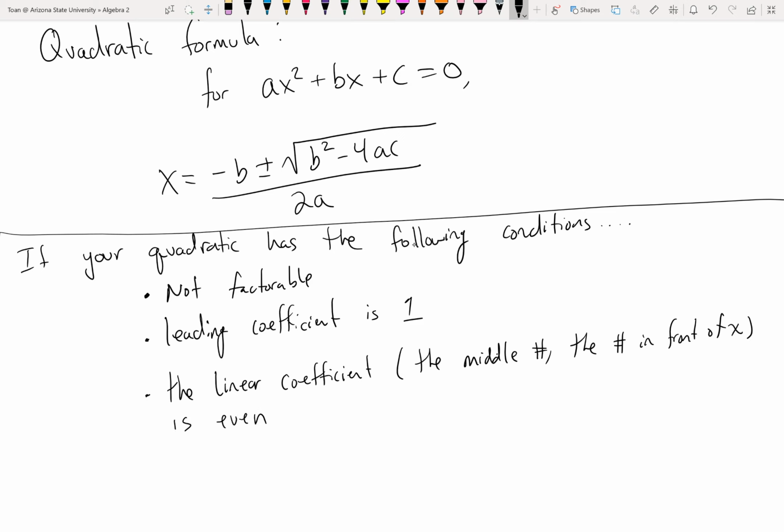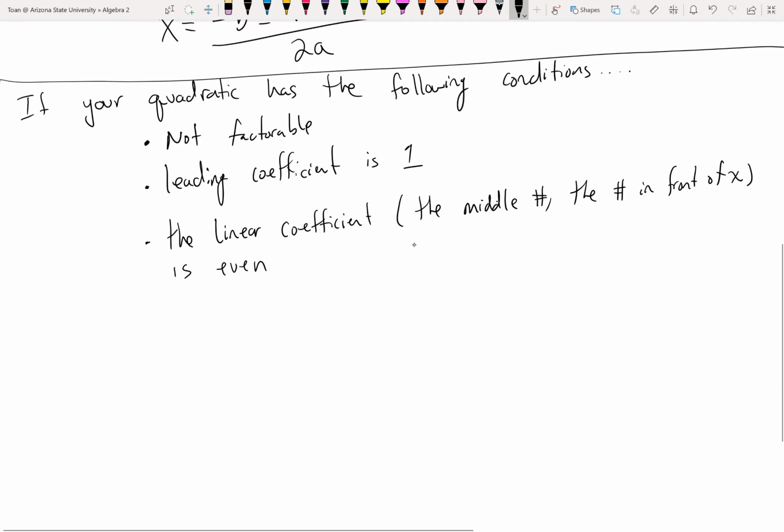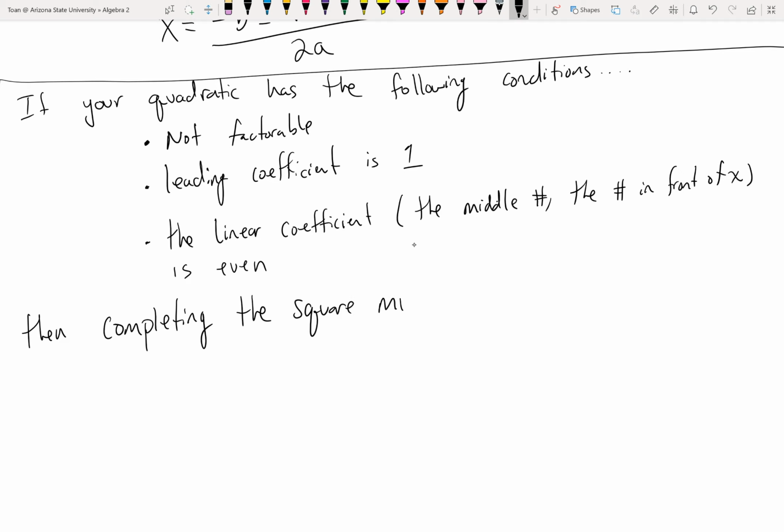So if all of these conditions are true, the leading coefficient is 1, the linear coefficient is even, then we can employ this technique called completing the square. Completing the square may be a way to solve.